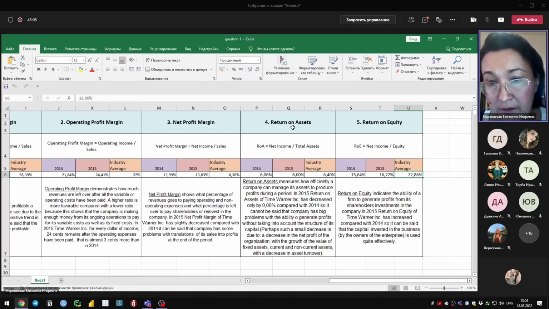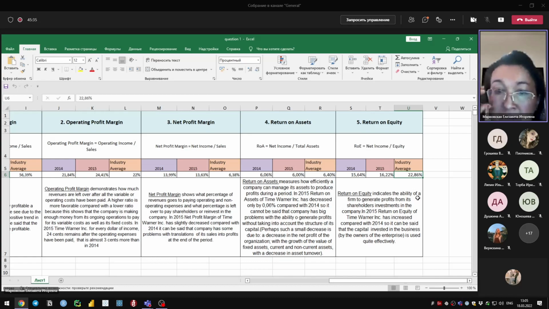For example, regarding the return on assets, as you see, we wrote that perhaps such a small decrease in return on assets in 2014 and in 2015 is due to a decrease in net profit of the organization, with the growth of value of fixed assets, current and non-current assets, with a decrease in asset turnover.